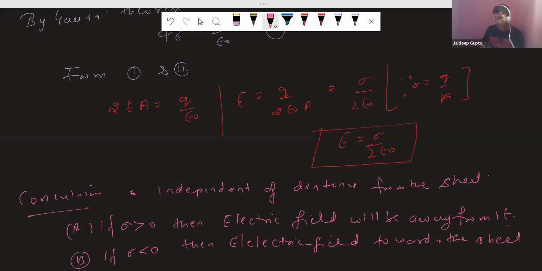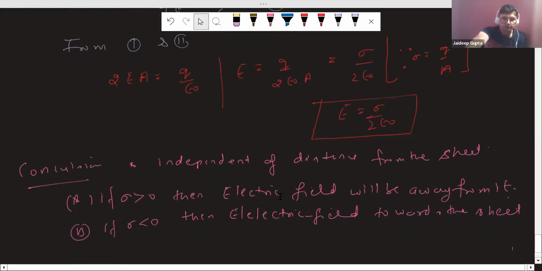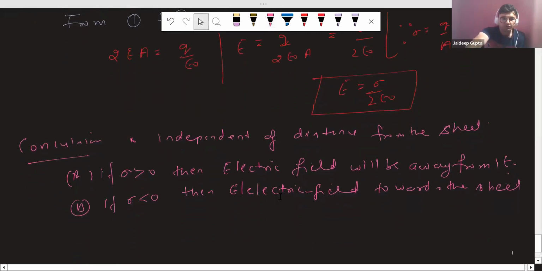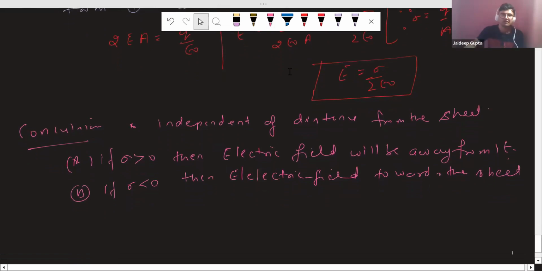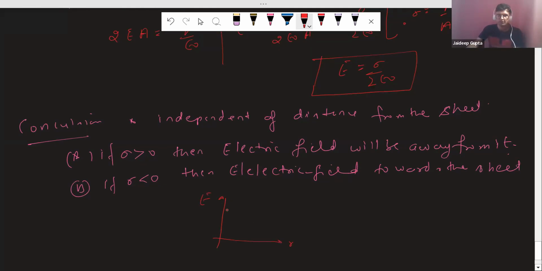Yeah. Okay. Now, if I ask you, just a minute. It's a tricky question. What if it comes in exam in MCQ? If we plot the electric field versus distance graph in case of a thin uniformly charged sheet, what is the shape?